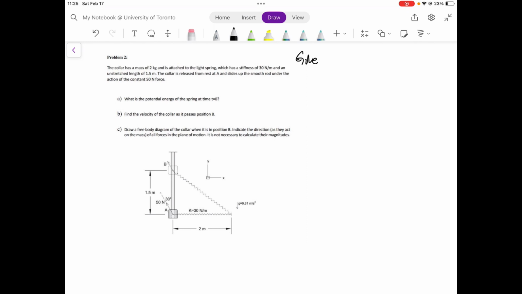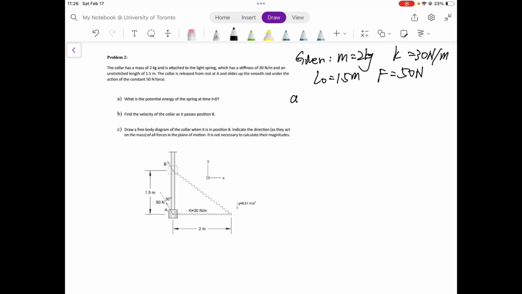We already have the mass of the collar, which is 2 kilograms, the stiffness of the spring is 30 Newton per meter, the unstretched length is 1.5 meter, and the external force is 50 newtons.